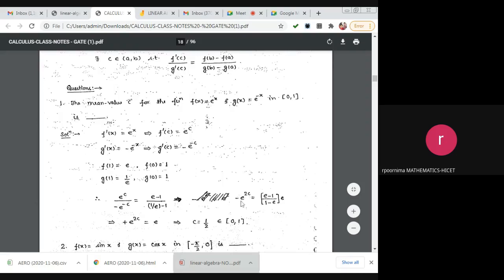After applying that, you will get minus e power 2c on the left hand side. The right hand side will simplify because in the denominator 1 by e minus 1 is there. So after simplifying the terms, you will get e minus 1 by 1 minus e into e. Therefore, e to the power 2c equal to e. Okay, because c is 1 by 2, which belongs to 0, 1.